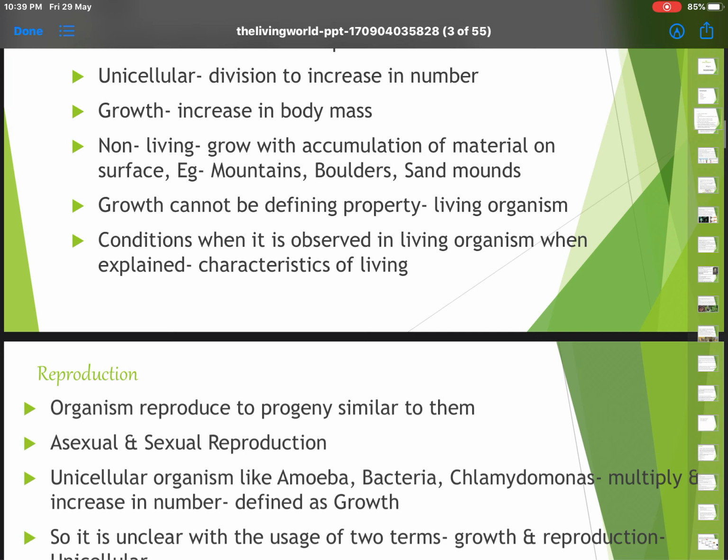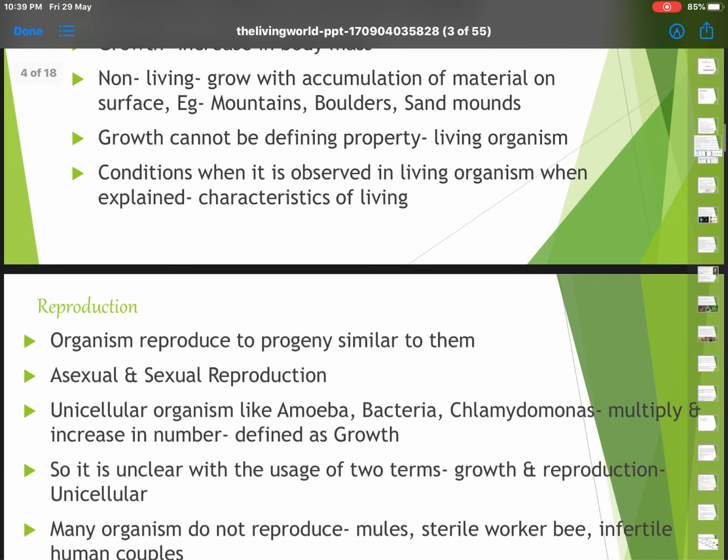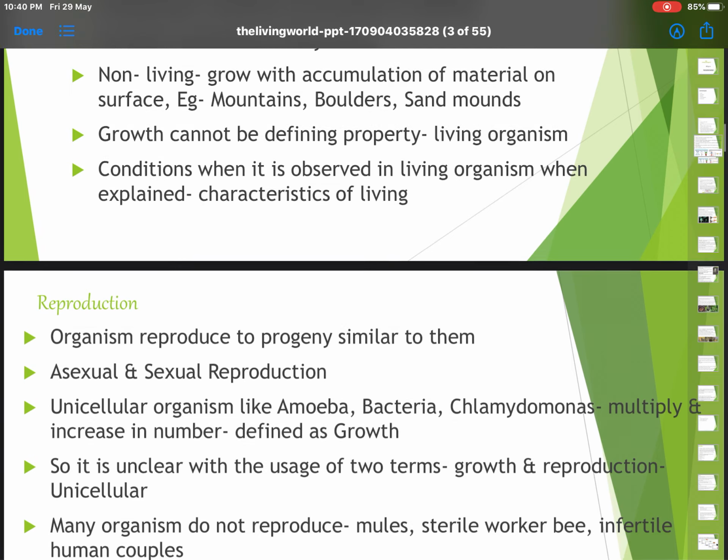Accumulation of material on the surface, as in non-living things, like mountains, sand mountains, boulders, where physically something is added, cannot be a defining property of living organisms, because there are conditions. When it is observed in a living organism, then only we can explain.